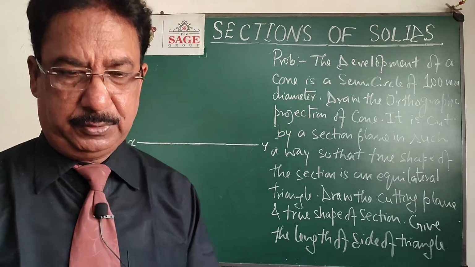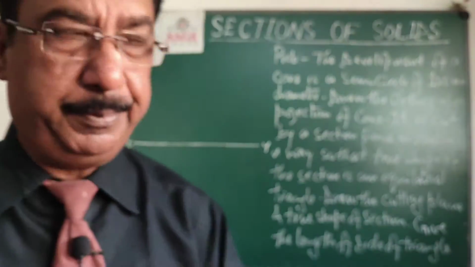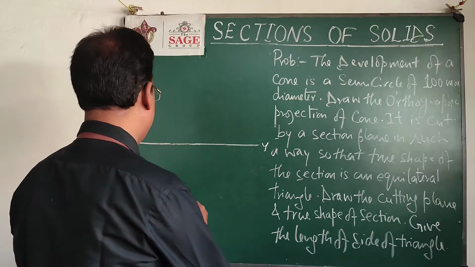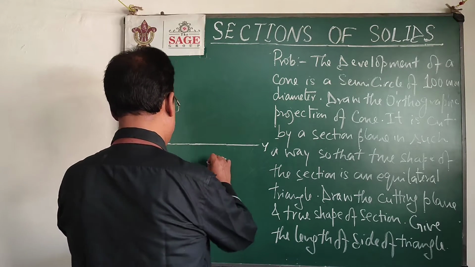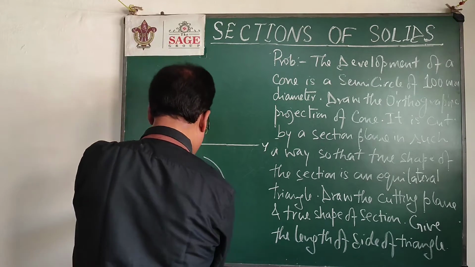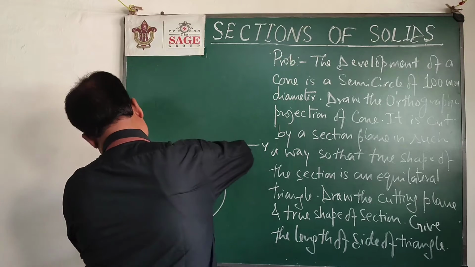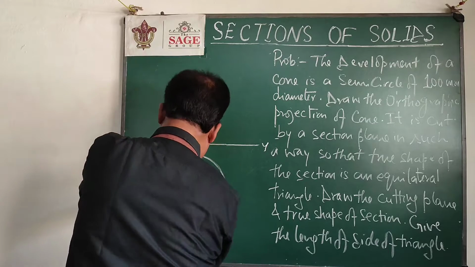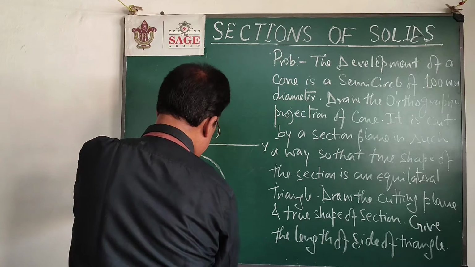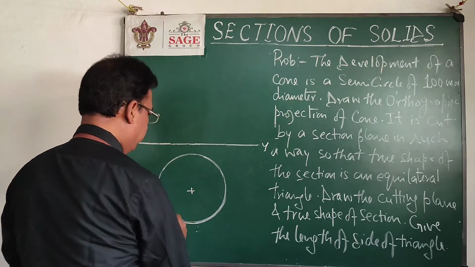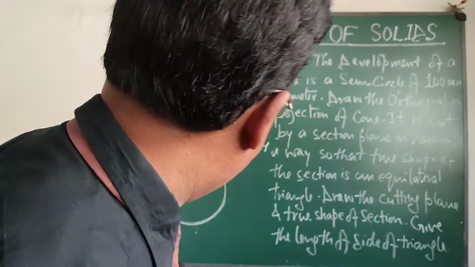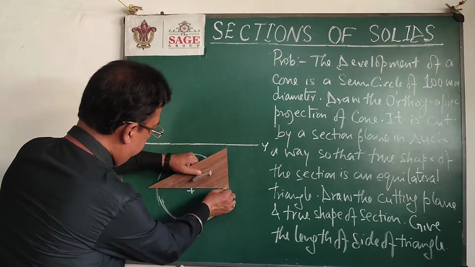Now with reference to this xy, I will suppose that the base of the cone is on the HP. So I will start with the top view. Initially I will draw a circle of 50 mm diameter, or you can say 25 mm radius. So I have drawn this top view circle.